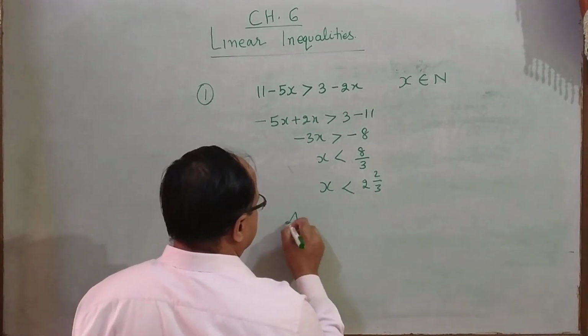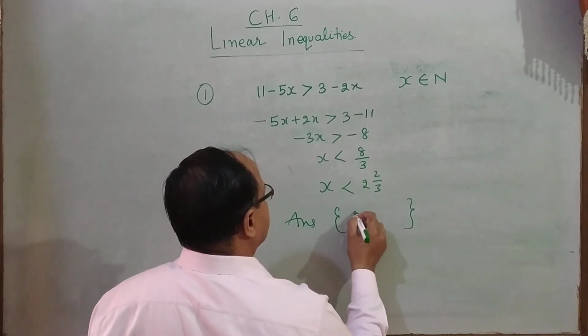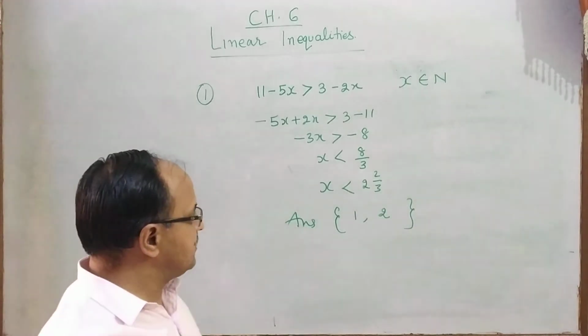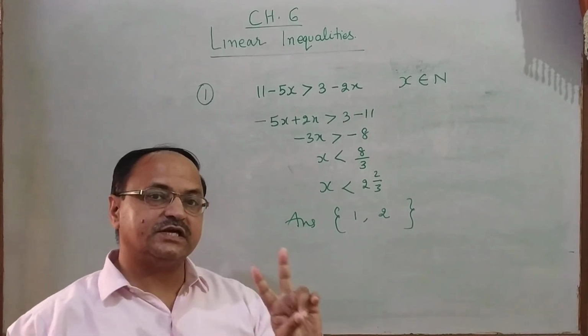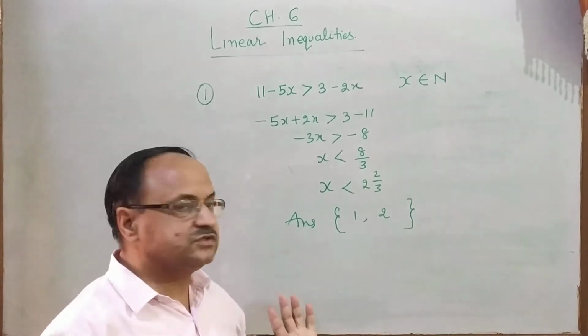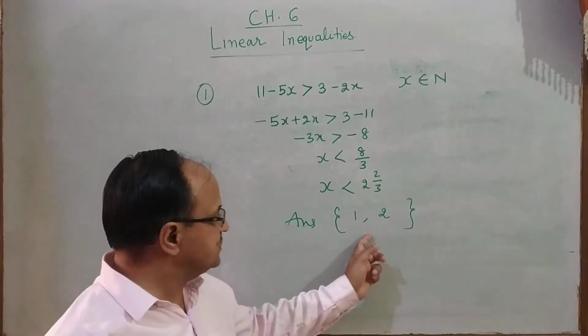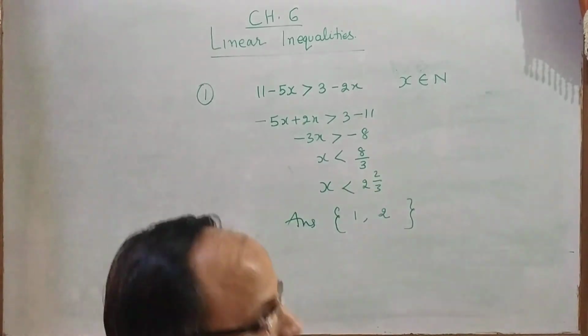Your answer: 1, 2, less than 8 by 3. Only two natural numbers, 1 and 2. This is the answer. You can write the answer in this form because in the question x belongs to natural number. Clear?